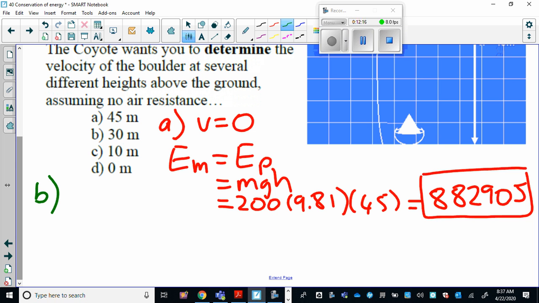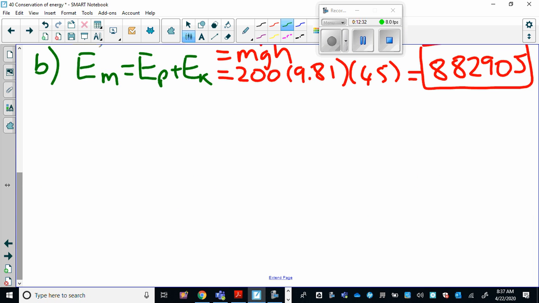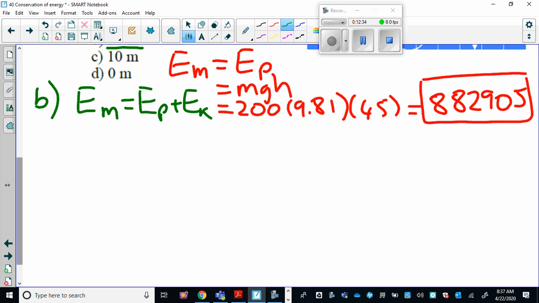B is when it's at a height of 30 meters. So we know that the mechanical energy always equals the potential energy plus the kinetic energy. And what are we solving for here? We want to know the velocity. Let's plug in the numbers right away, because we automatically know that the mechanical energy is 88,290.